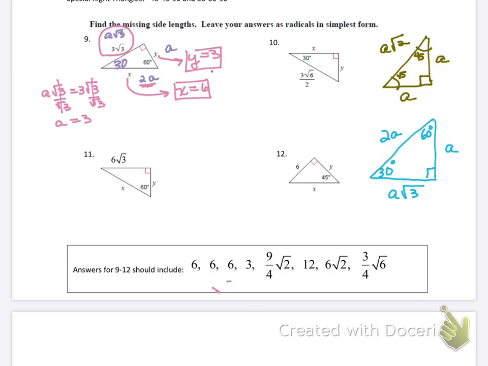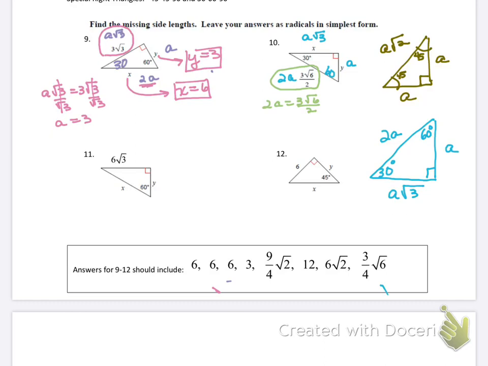Okay, let's go on to number 10. So 10 is another 30, 60, 90 triangle. So look where the 30 is. The side opposite the 30 is your A. The side opposite the 60 is your A root 3. The side opposite the 90 is your 2A. Okay, next thing we're going to do is we're going to look for a relationship. Okay, this one has a value. So I say 2A equals 3 root 6 over 2.